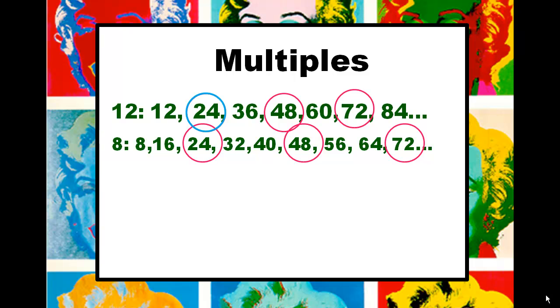This time we are looking for the least one, the smallest one that they have in common, which is 24. So, for 12 and 8, the least or smallest common multiple is 24.